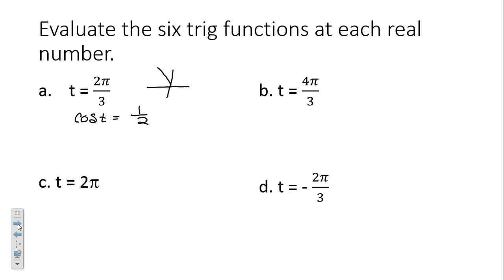1/2. Positive or negative? The x value is negative, right? Sine of t, sine of 60. Square root of 3/2. Is the y value positive or negative here? Positive, right? Okay. Tangent.